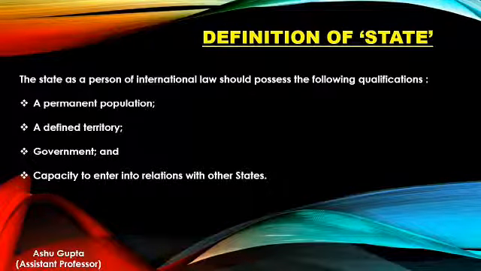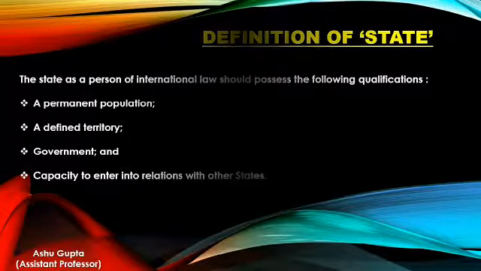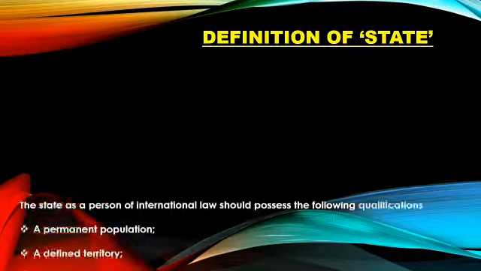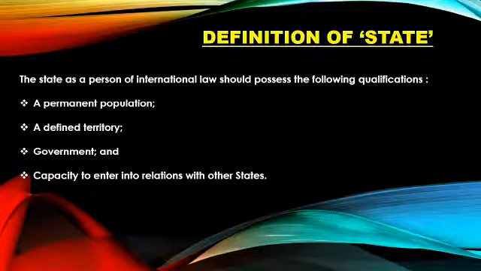And a state should fulfill the enumerated qualifications, which are regarded as the essential requirements or characteristics of statehood. However, these requirements are not exhaustive, and other requirements may be relevant, including sovereignty, independence, self-determination, and recognition also. But these requirements are considered in correlation with the essential requirements.